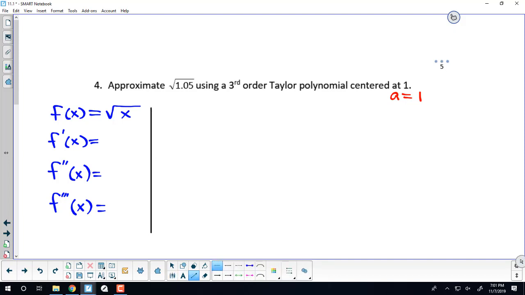And then evaluate. First derivative, second derivative, negative 1/4 x to the negative, I'm going to subtract 1, negative 3/2.